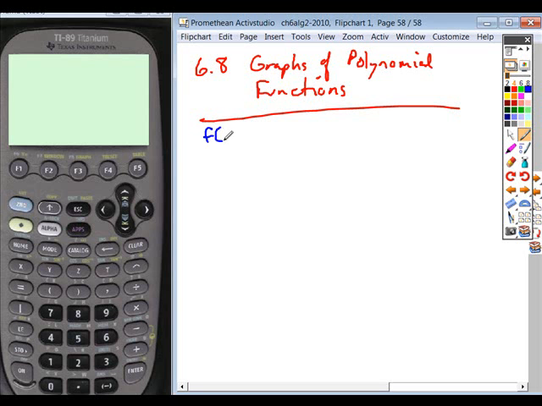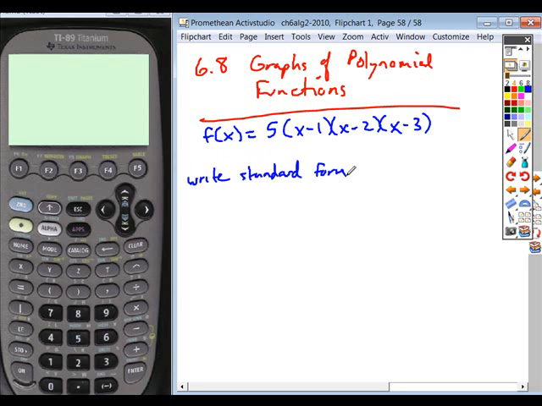So let's say I give you a function. I'm going to give it to you in one of two forms, either a factored form or a polynomial form, or expanded form. If I give it to you in factored form, here are the things I'm going to ask you to do. I'm going to ask you to write the standard form of the equation.